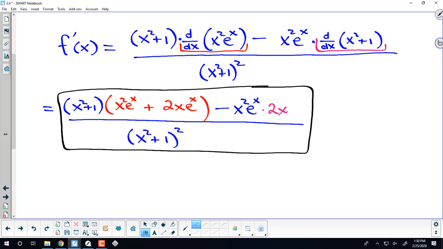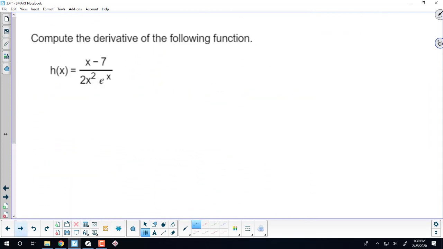Does anyone have any questions? So why don't y'all take 5 minutes, compute the derivative of that, and then we'll work on simplifying it.